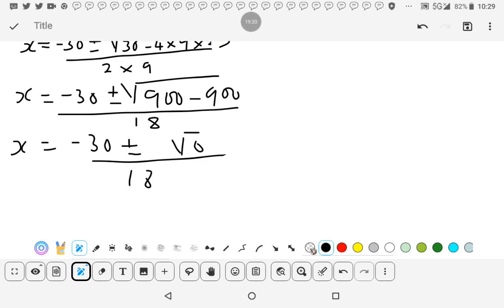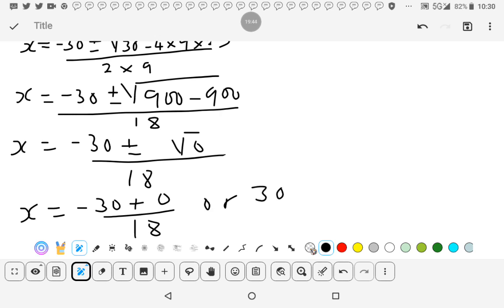So the square root of 0 is still 0. So you'll be having x will be equal to minus 30 plus 0 divided by 18, or x will be minus 30 minus 0 divided by 18.